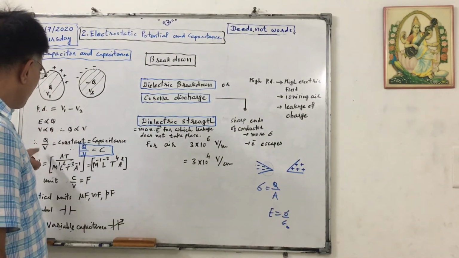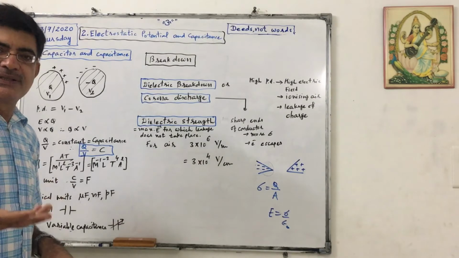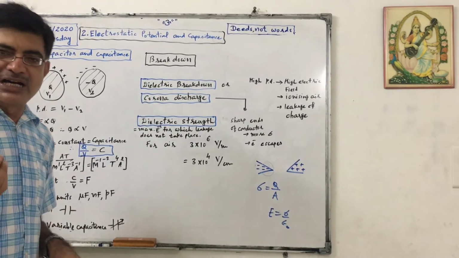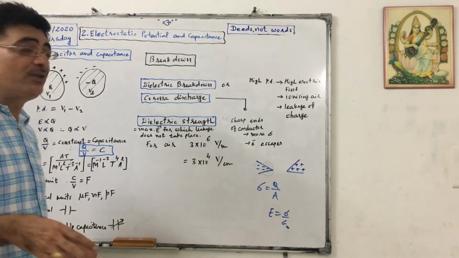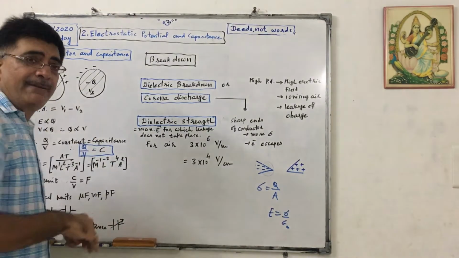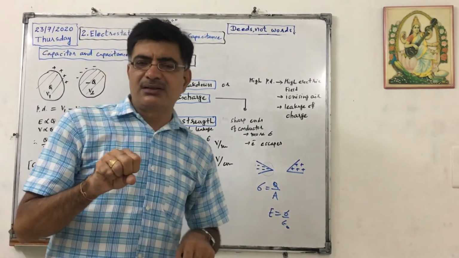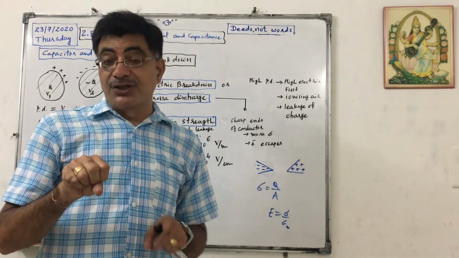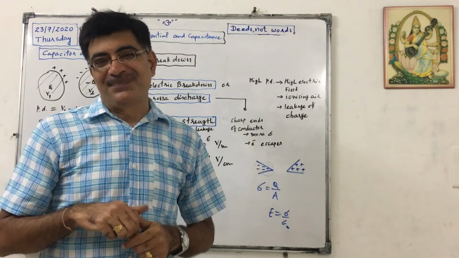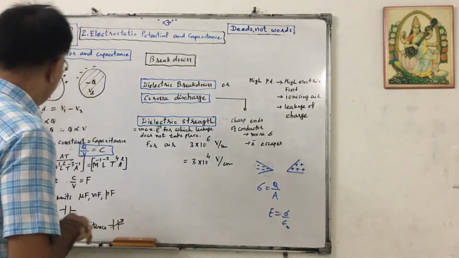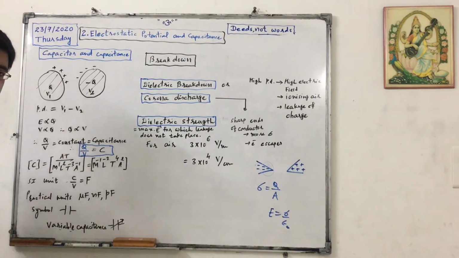The ratio of Q by V is called capacitance, where Q is the value of charge on any of the conductors. If we take only one charged conductor, the other is considered to be at infinity. Whatever the case, Q by V is called capacitance.